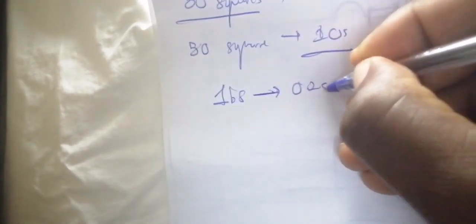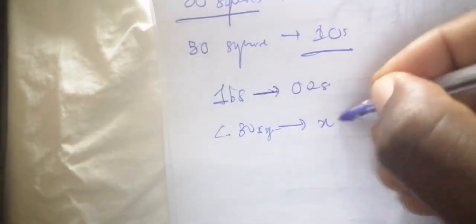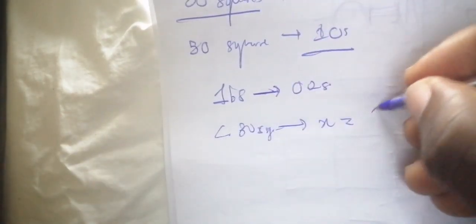You have to know that if one big square corresponds to 0.2 seconds, therefore 30 big squares correspond to how many? It is just a simple cross multiplication. So it's going to be 30 times 0.2 divided by 1. Is it clear?